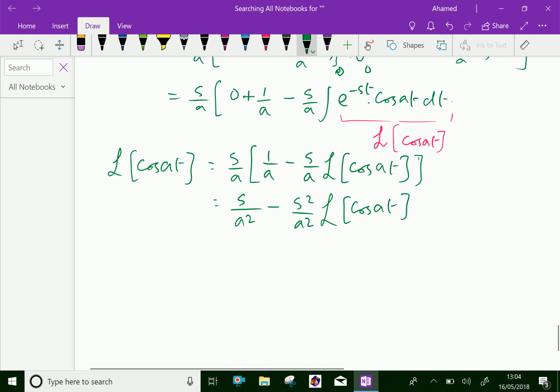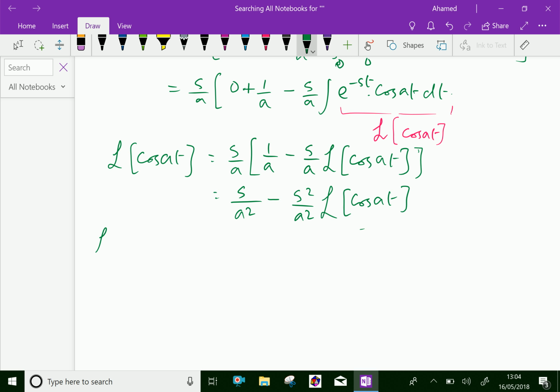Now we have the Laplace transformation of cos at on both sides, so we collect one side: Laplace transformation of cos at plus s square over a square into Laplace transformation of cos at equals s over a square.